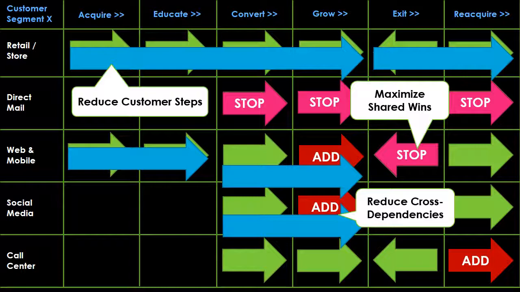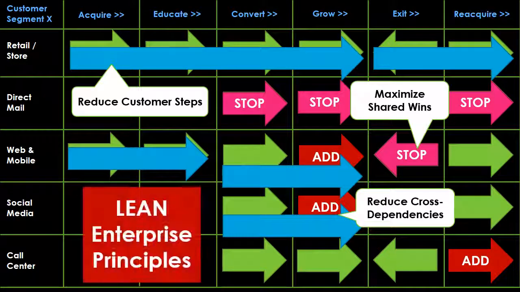Instead, if you create a customer journey that can be contained within a single channel, not only is your conversion higher, you reduce the need for integration, and now it's more cost efficient, for example. So here are the four methods that I provided examples for, and again, this comes primarily from Lean Enterprise Principles.